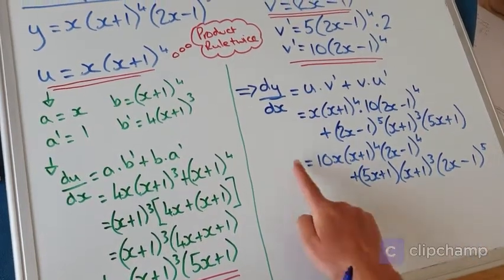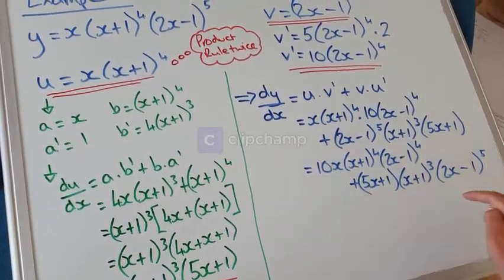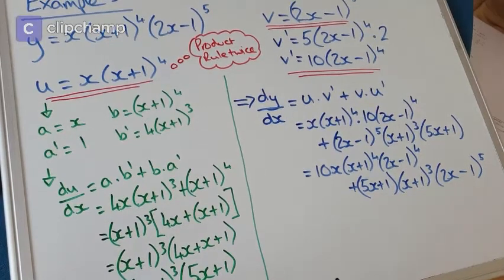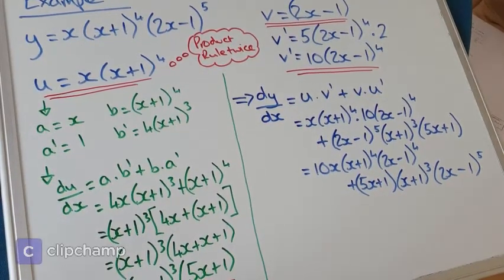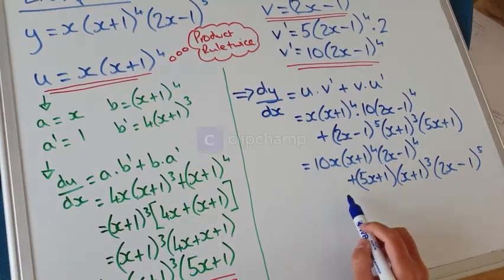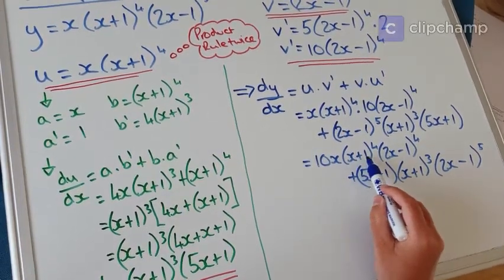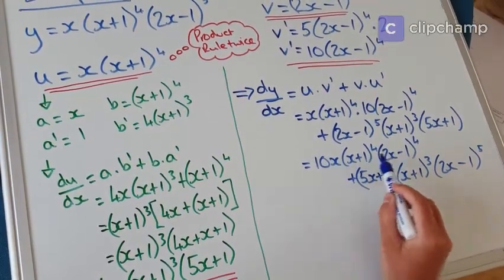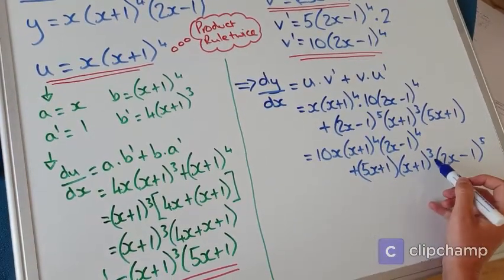Now if you focus on this bit here, what can you see as common factors? Okay, we always want to take out a common factor if we can, so that we can simplify it. There's nothing common with the 10x. There's nothing common with that 5x plus 1. But the x plus 1 we have to the power of 4 here in the first term, and we have the x plus 1 to the power of 3 here in the second term.